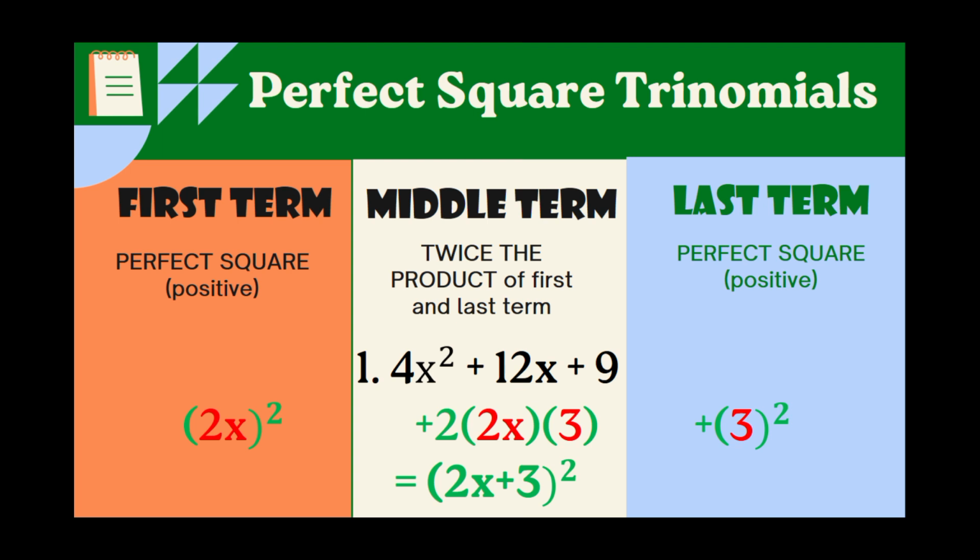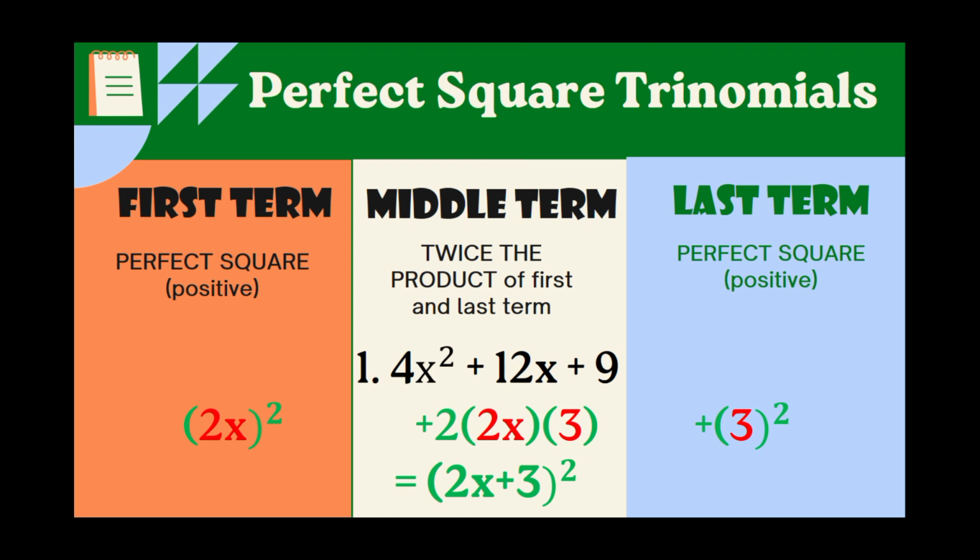So we have here 4x squared plus 12x plus 9. The first term should be a perfect square, so we have 2x squared. 2x is our factor in the first term, since 2x multiplied by itself is 4x squared.